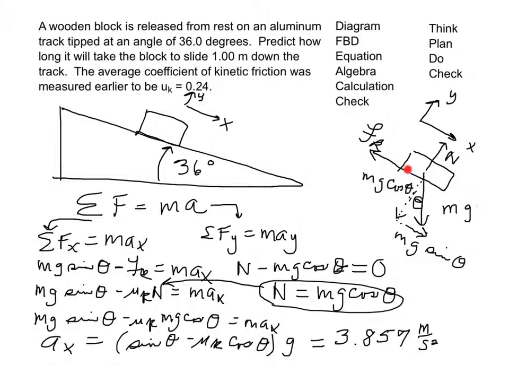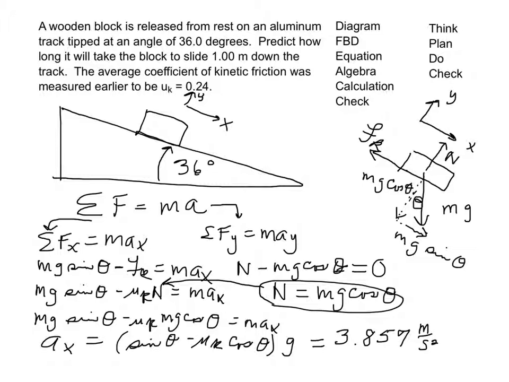In the x direction, the force going down is the mg sine theta. The force holding it back is the friction force. That's all written in here, mg sine theta minus the friction force equals the mass times the acceleration. And notice that I have down the ramp as positive.